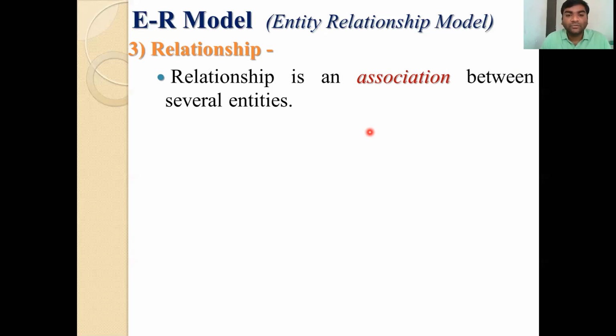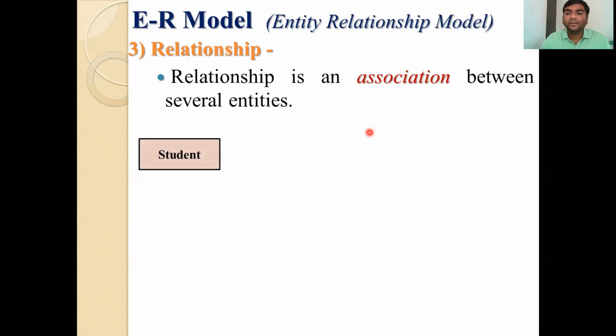Hospital is one entity, doctor is an entity, patient is an entity. So what is the relation between hospital and doctor? What is the relationship between patient and doctor? For representing the relation, we have to use the relationship. So it is an association between the entities.